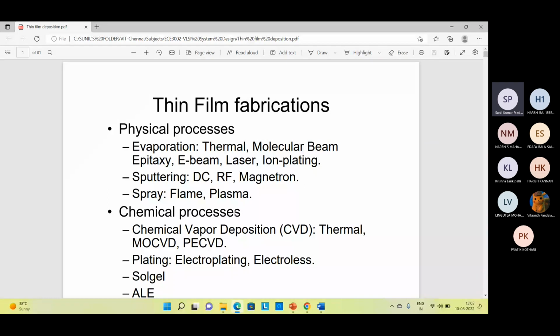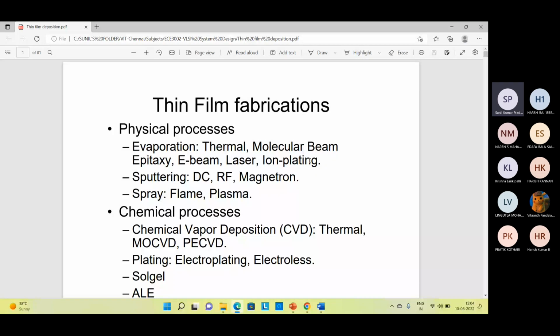In physical processes, there are some techniques involved, and they are evaporation. Under evaporation, many techniques are there, like thermal evaporation, MBE, which we also call molecular beam epitaxy, electron beam evaporation, also called E-beam evaporation, laser evaporation, and another one is ion plating.